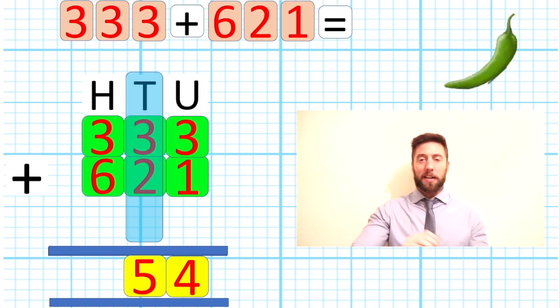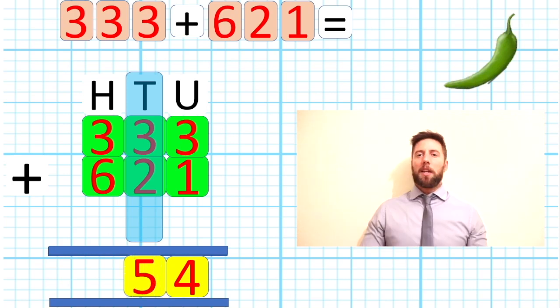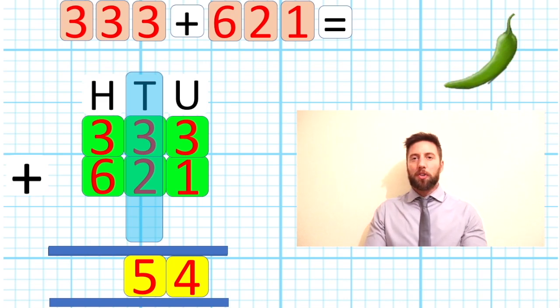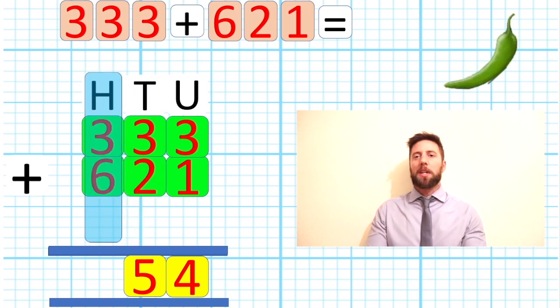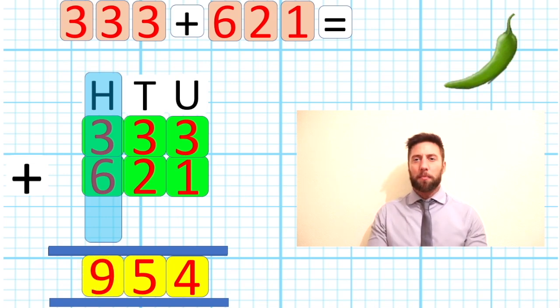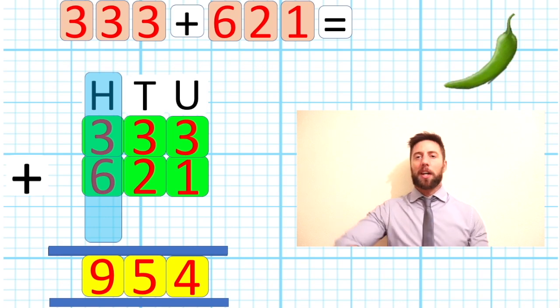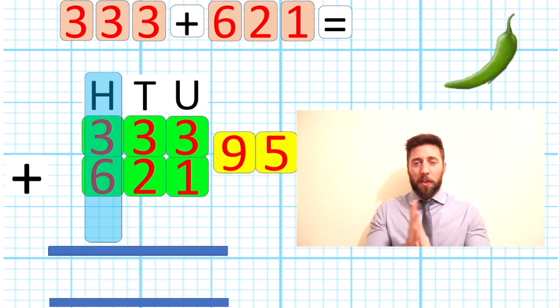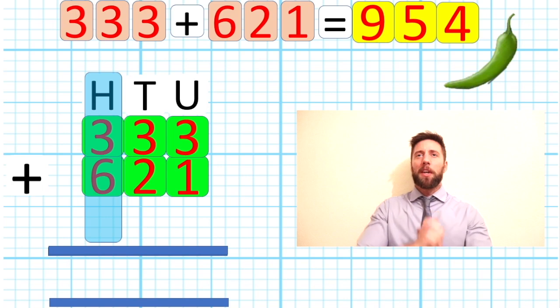Okay, good. Our tens column complete. Last but not least, we go into our hundreds column where we've got a 3 representing 300 and a 6 representing 600. Add the 2 together, we have 9 to complete our answer. Drag it up to the top. So 333 add 621 is 954.